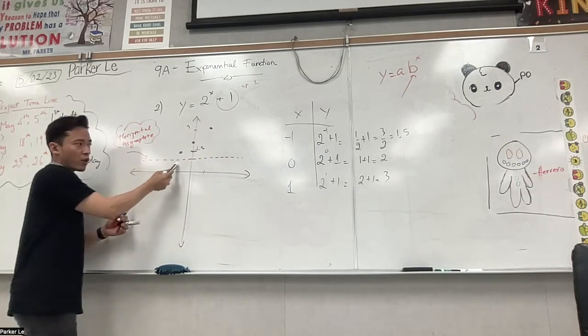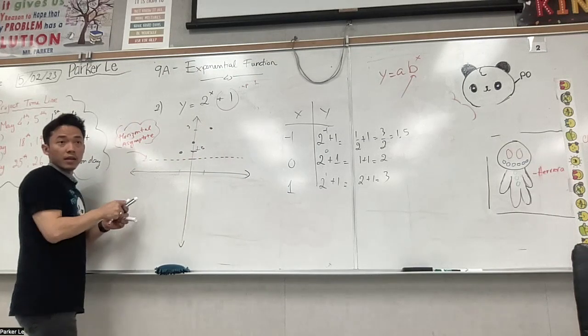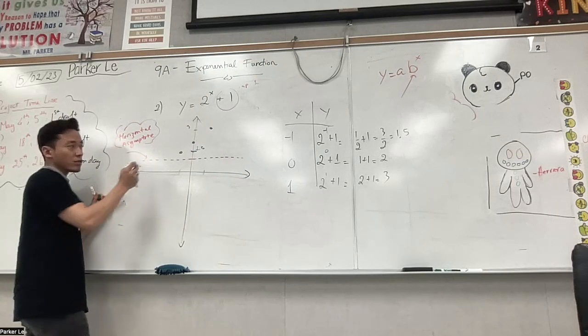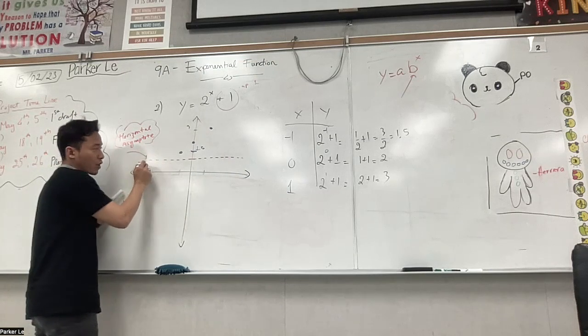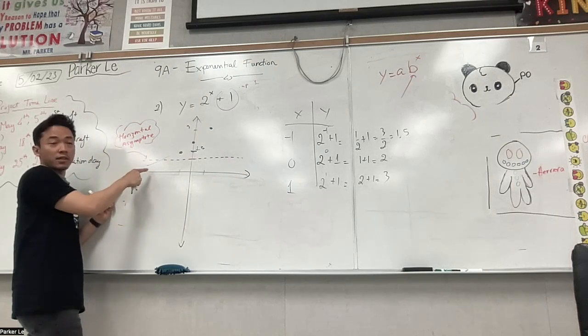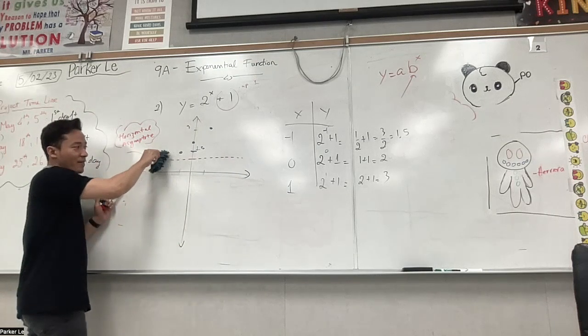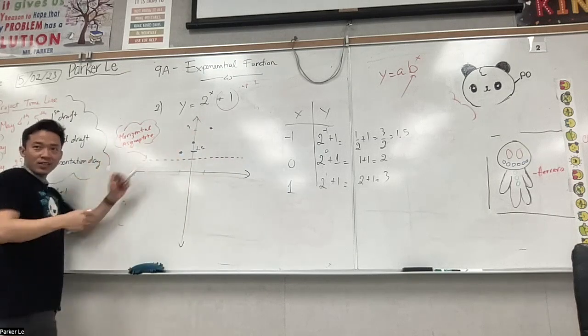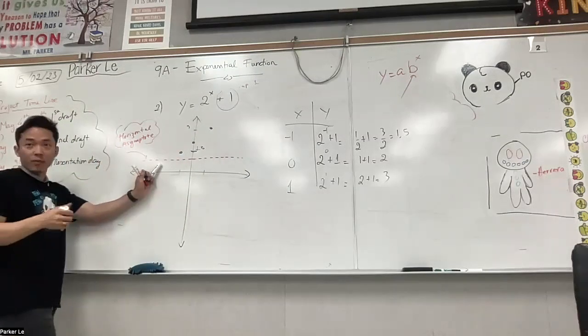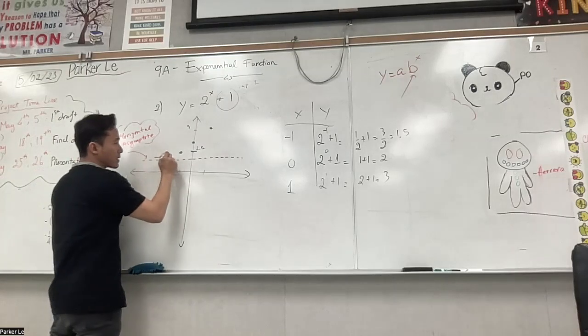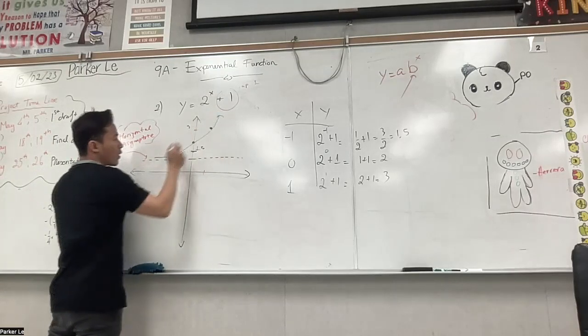Did you see that they never go below the horizontal asymptote? If you draw it, I want you to draw above it. If you draw it like this, it's not correct. I'm going to take a point off, so be careful. If it passes the line, I'm going to cross it and take a point off, because it can never pass the horizontal asymptote.